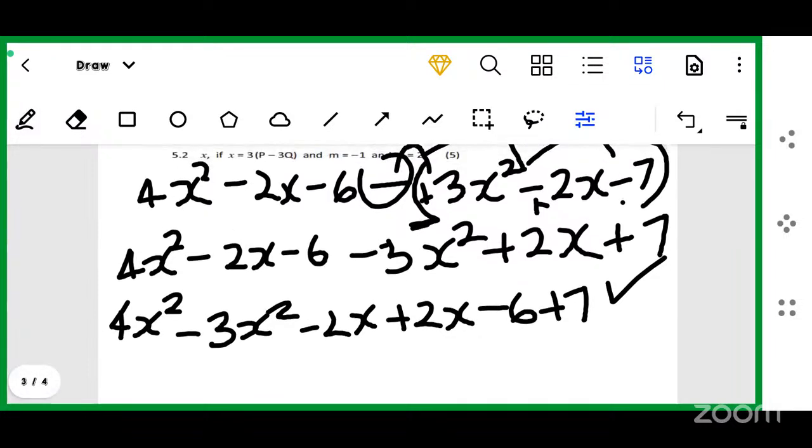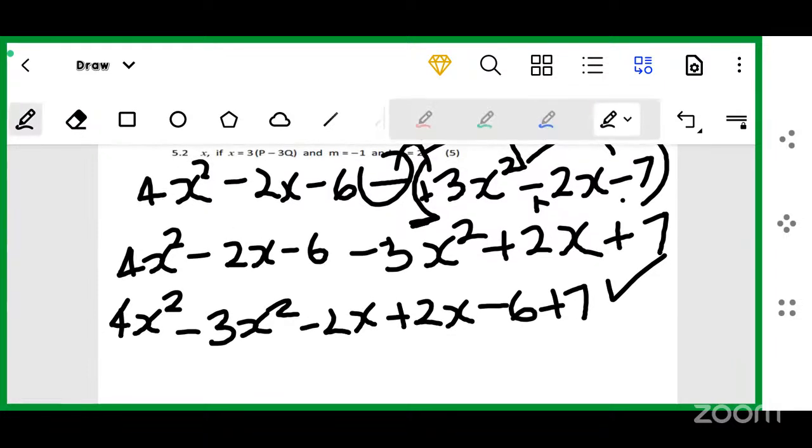X to the power of 2, yes. Minus 4x, okay, and also the last one.